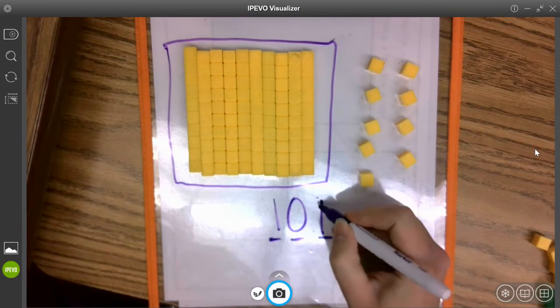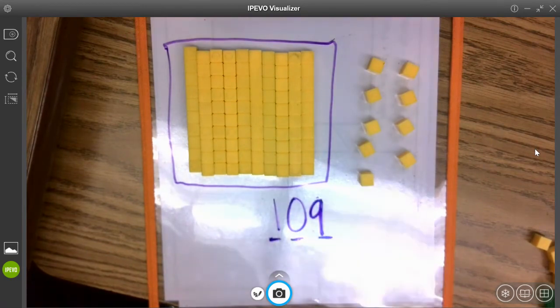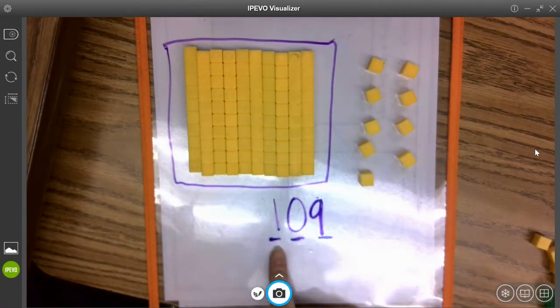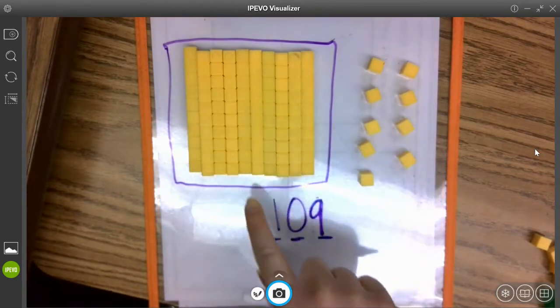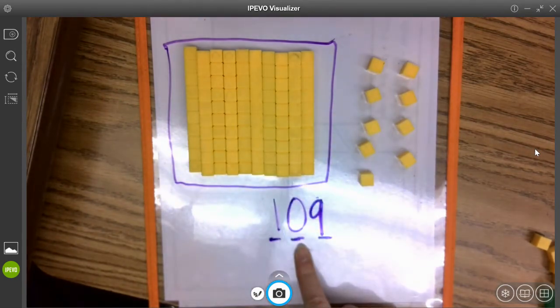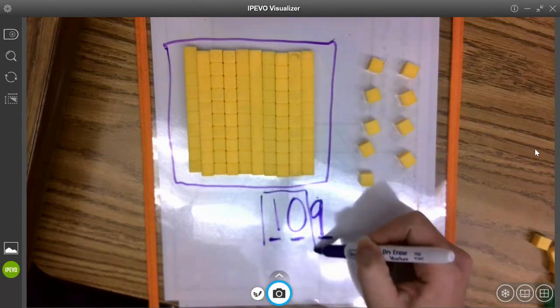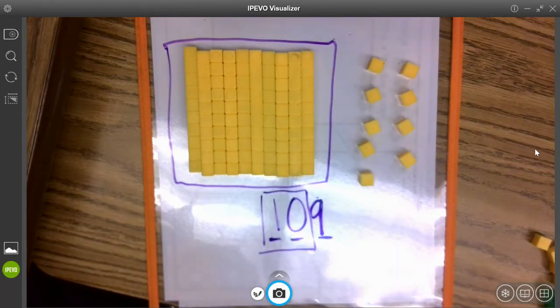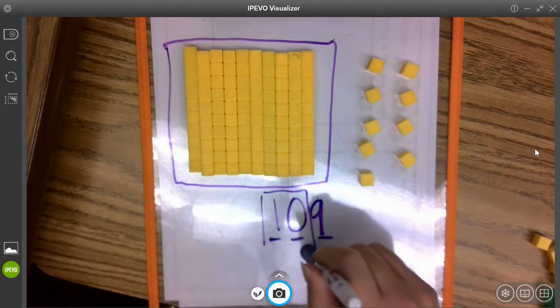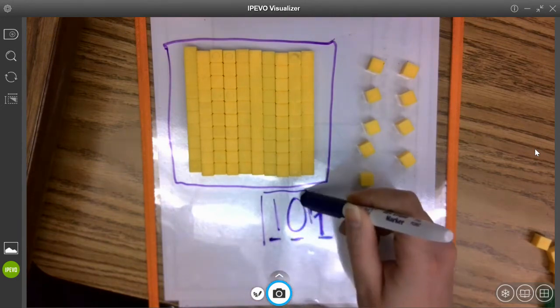I'm going to stop right there. So now I have 109. Okay, one group of 100, 0 extra tens, and 9 ones. You can also see here that it looks like it says 10 tens. But what it's really telling you is I made one group of 100 and I have 0 extra tens left.